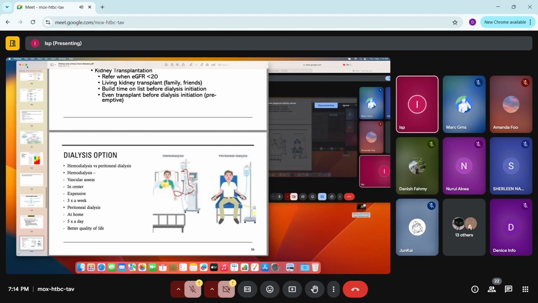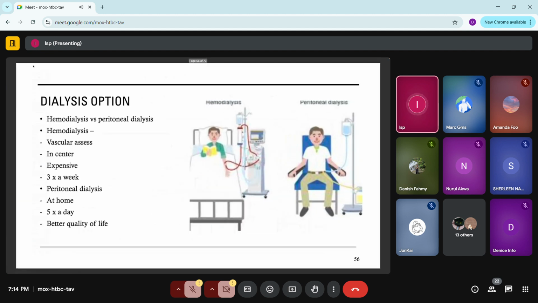Oh, I still have 15 slides to go. Okay, so I expect you to explore more during the bedside teaching later, because you'll see this in the ward.